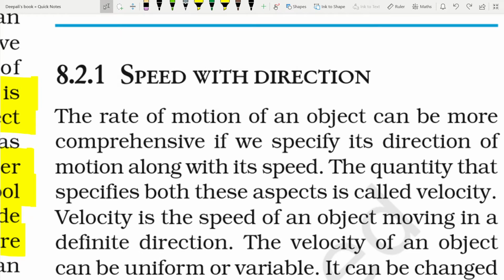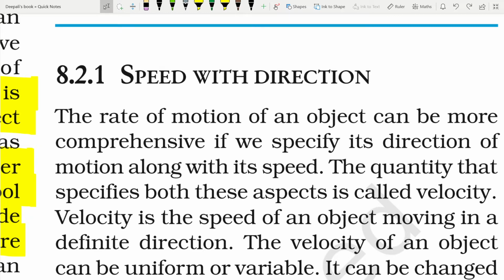Whenever we are moving or changing position in a particular amount of time, but if there is no direction, we call it speed. But if you are moving or changing your position in a particular amount of time in a particular direction, then that quantity is named velocity.